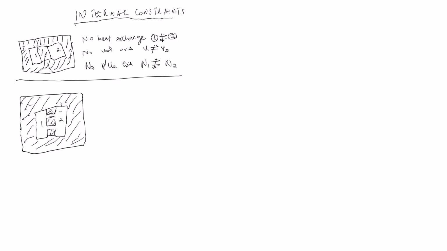So if volume 1 cannot be allowed to interchange with volume 2, and also the number of particles in subsystem 1 cannot be allowed to interchange with the number of particles in subsystem 2, this partition here is still an internal constraint.